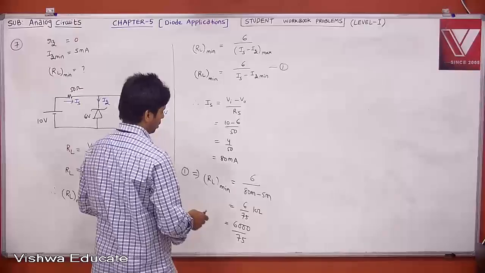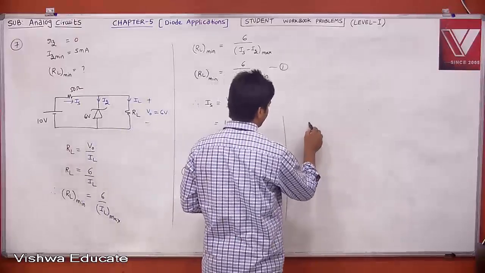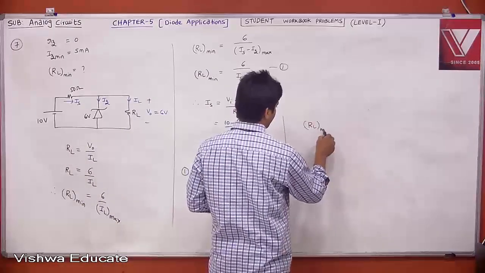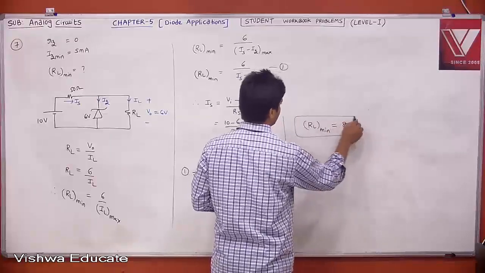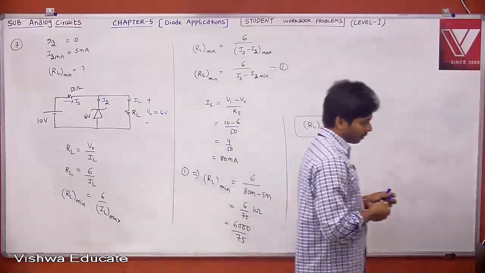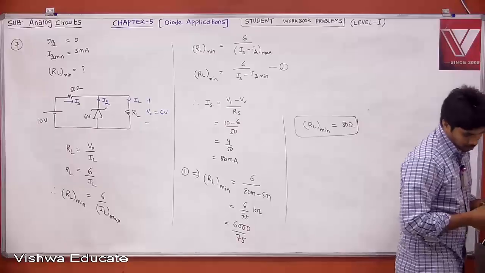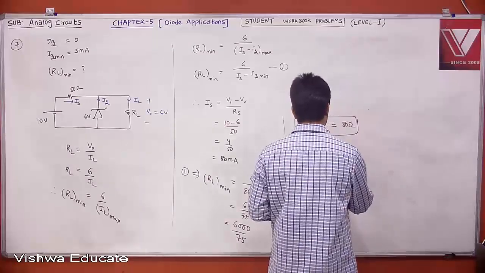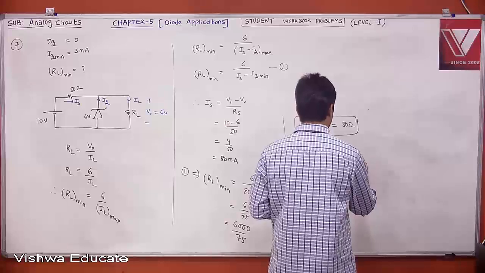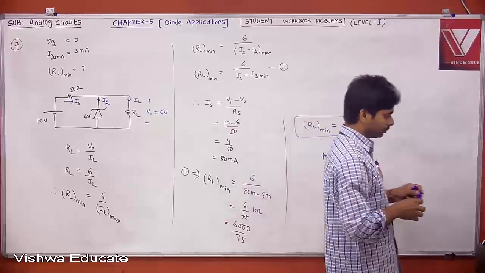If you do this, it is nothing but 80 ohm. RL minimum is equal to 80 ohm. This is the answer. Therefore, what is the answer? Answer is B. Take it.